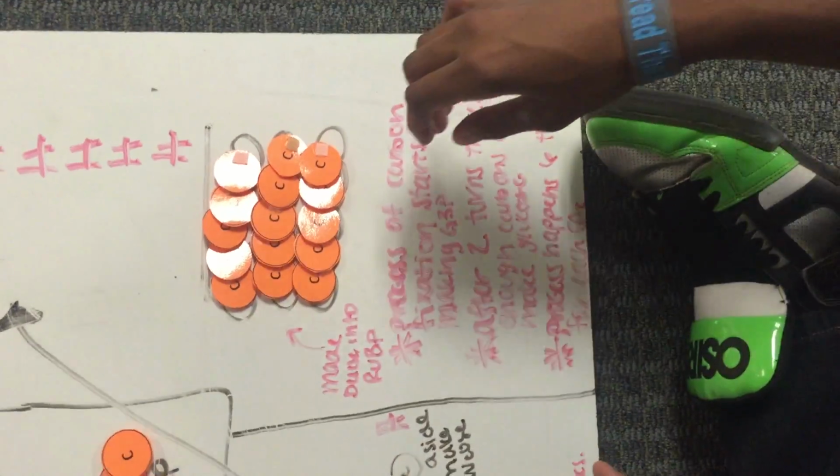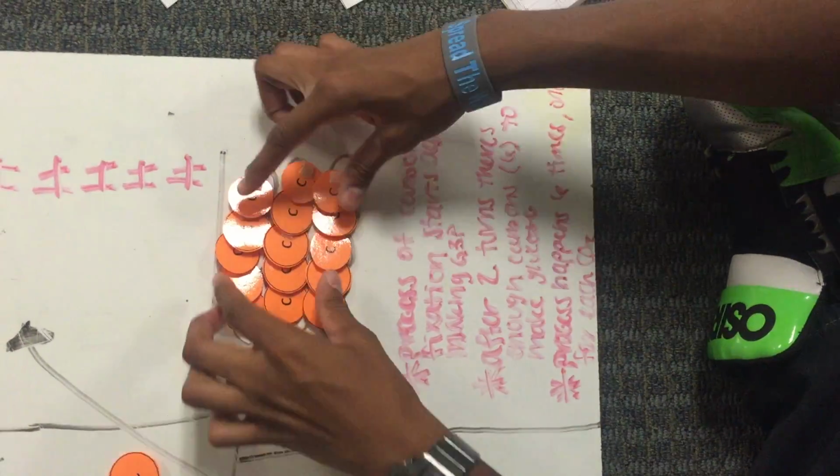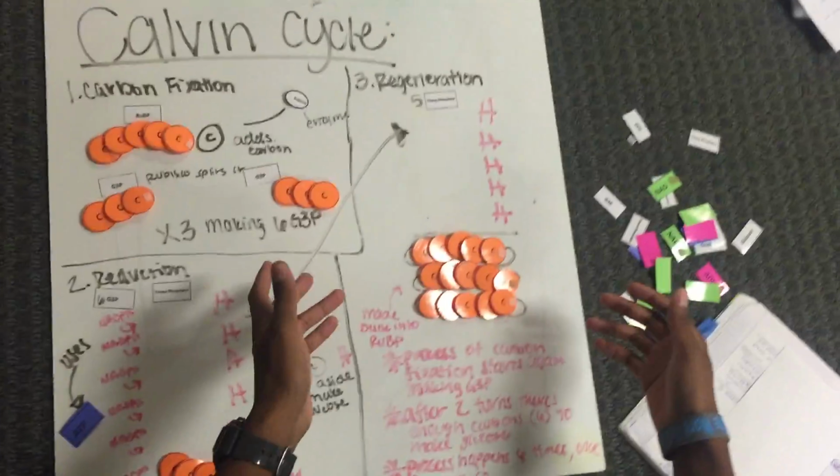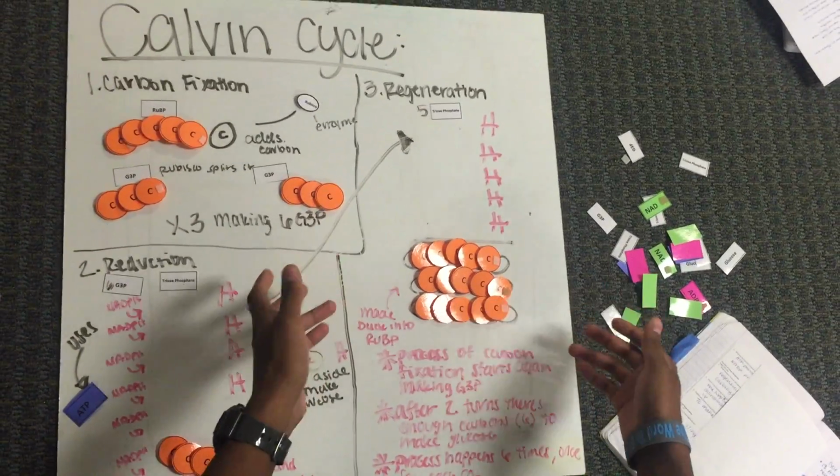And this is used to create more RuBP. The process of carbon fixation starts again, making G3P, and after 2 turns, there's enough carbons to make glucose.